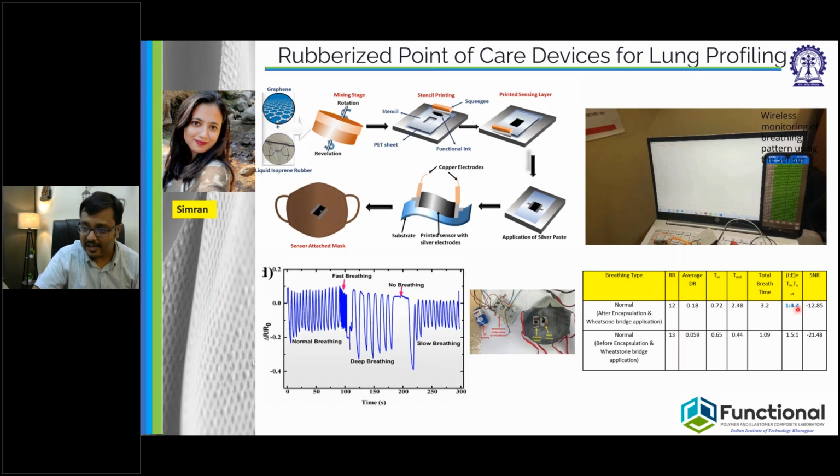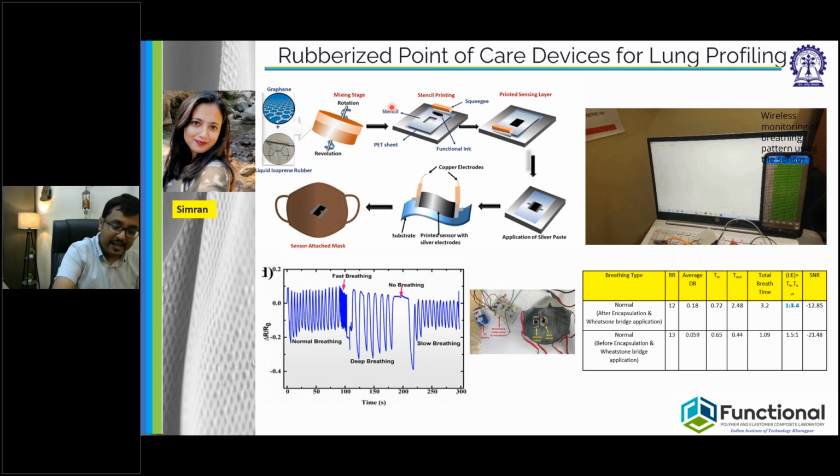So we consulted the doctors also, and whatever value we got using this mask is very much within the limit. So this is a very unique development. You can see just by utilizing a rubber based sensor, you can develop this smart mask, which can very well be sold under the point of care device category. So this is one of the classical examples I thought of sharing.